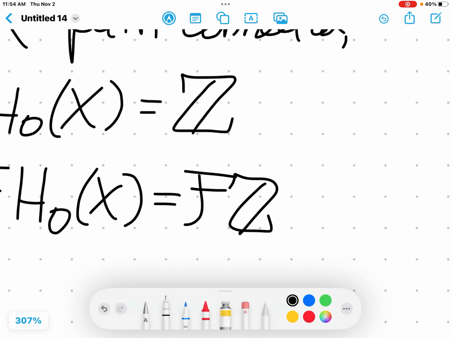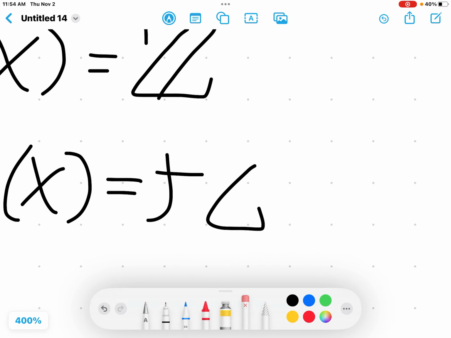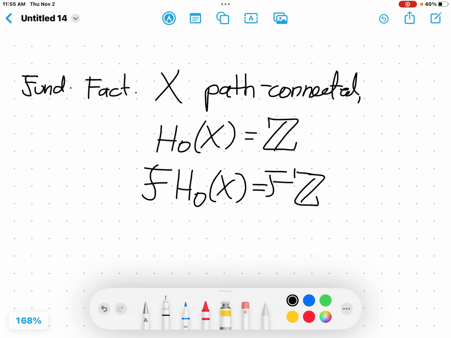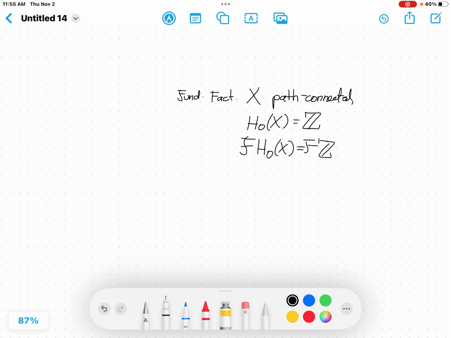So the Gaussian femboys. Okay, so that's a fundamental fact about path connected spaces.